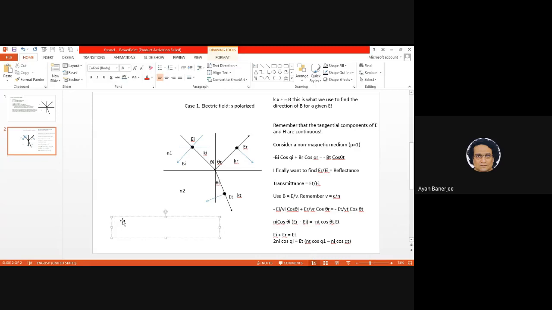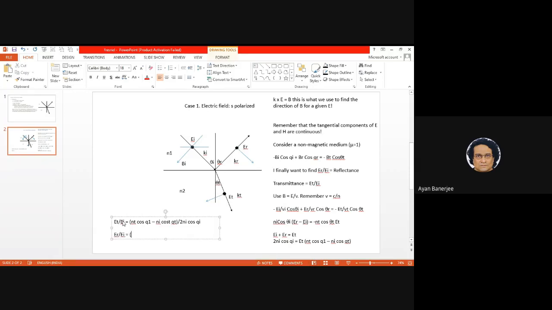So essentially, I have ET divided by EI as 2 Ni cos theta I, the whole thing divided by (Nt cos theta I plus Ni cos theta T). And can you tell me the ER by EI?